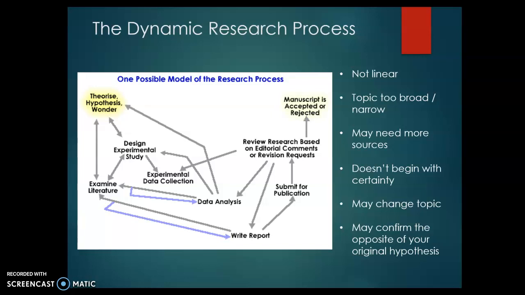Nine times out of 10, the issue with search results is the topic not being narrow enough, not making it specific enough. And if that's the case, that's where you go back to the critical analytical framework and you break that topic down and you find more narrowed, focused ways to discuss or observe that topic.